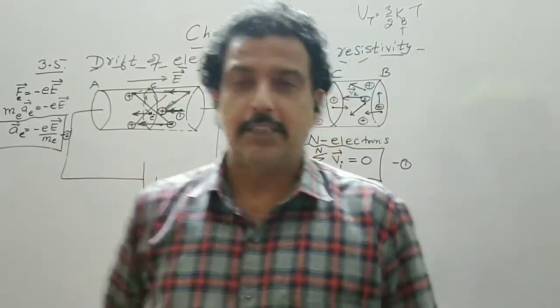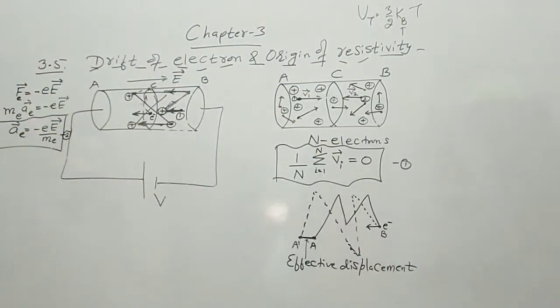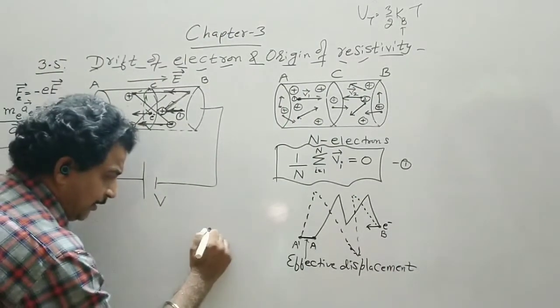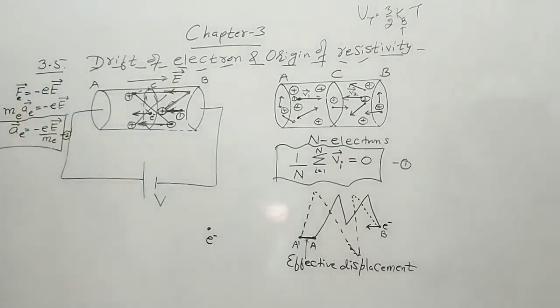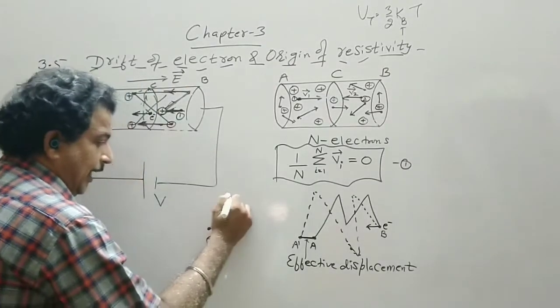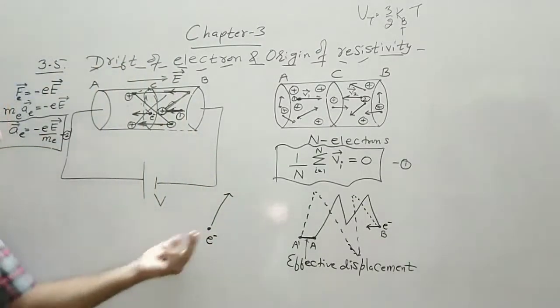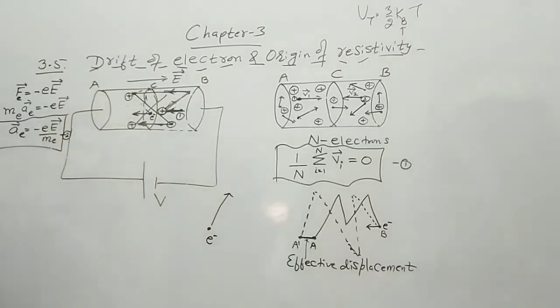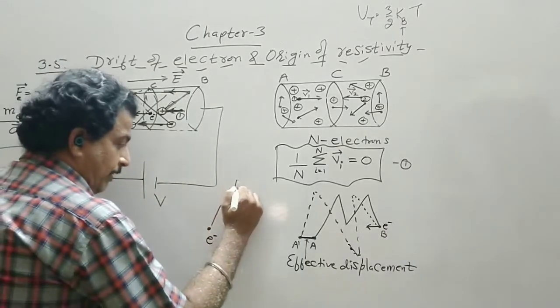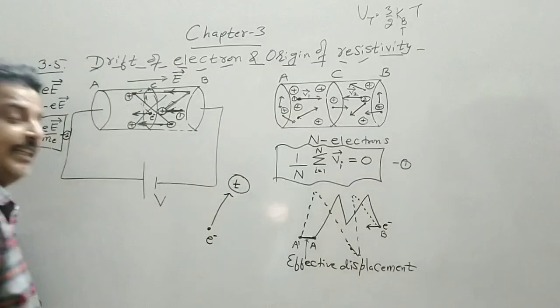Now let us consider only one electron. So let me consider this one electron. Now I am observing this electron which is somewhere here. It has to move from cross section B to cross section A. I am observing this electron at time t.